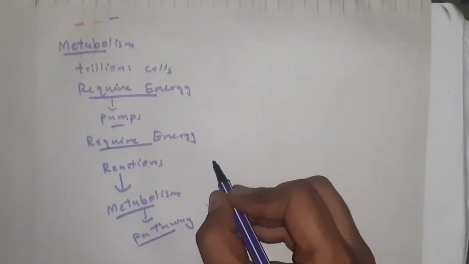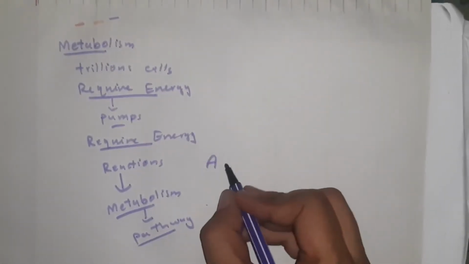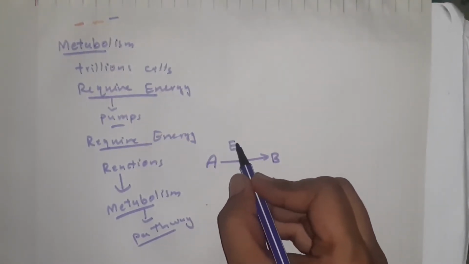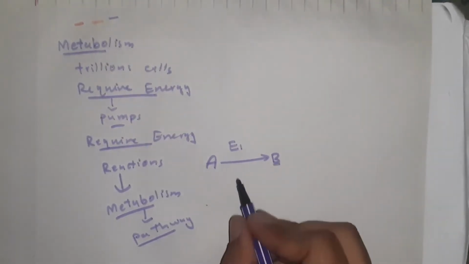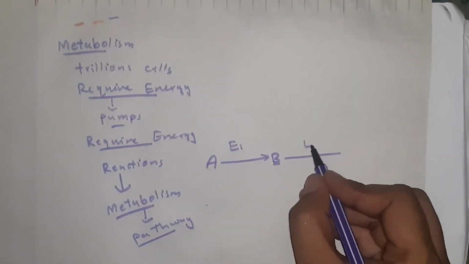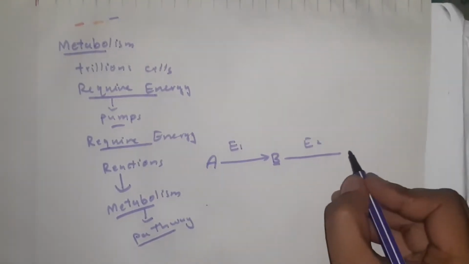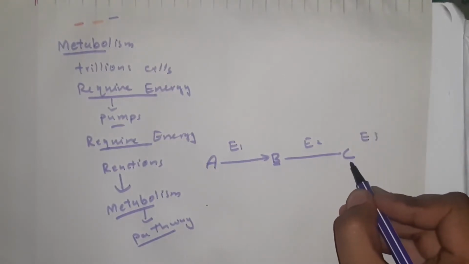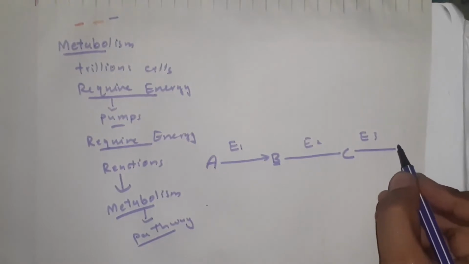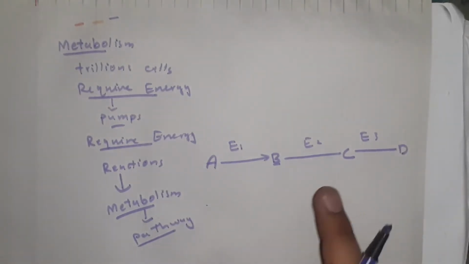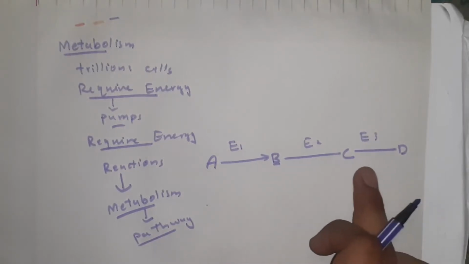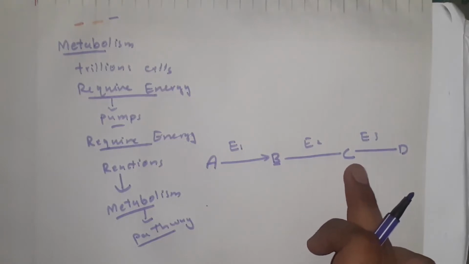For example, let's suppose this is substrate A, and it gets converted to B, and the enzyme catalyzing the reaction is E1, and B is the product of enzyme E1, but the next enzyme E2 uses this product as substrate and converts it into C, and then the next enzyme E3 uses this product C as substrate and converts it into D. So it is a series of reactions in which one enzyme is using the product of another enzyme as substrate and converts it into its own product, which is used as substrate by the next enzyme.